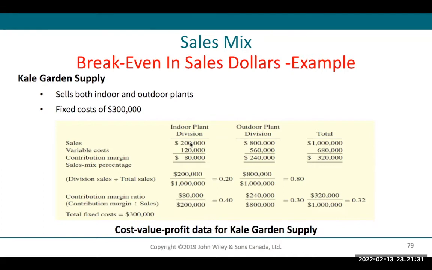So the sales mix percentage will be $200,000 divided by 1 million and $800,000 divided by 1 million, giving us a sales mix percentage of indoor plants 20%, and a sales mix percentage for the outdoor plant division of 80%. So now that we have this, we can calculate our contribution margin ratio.